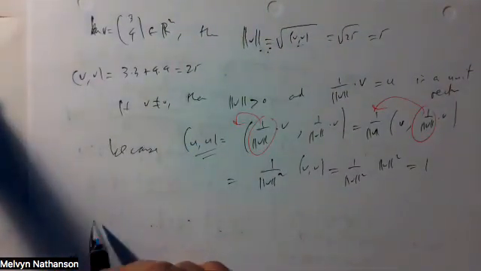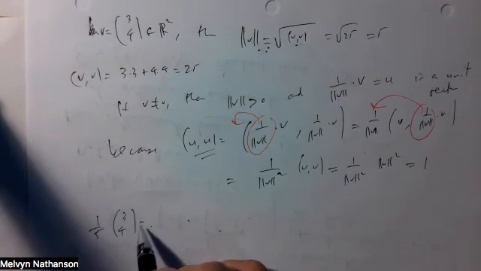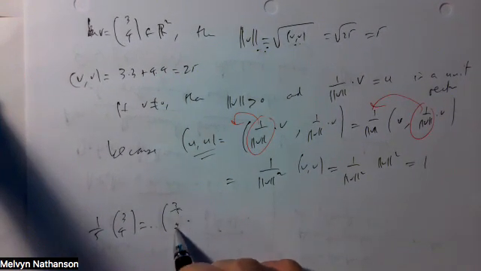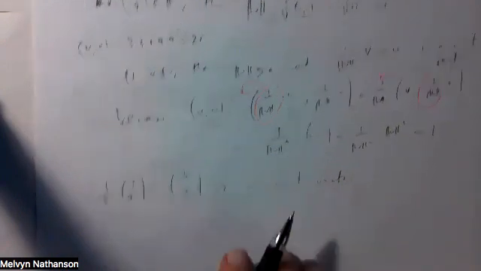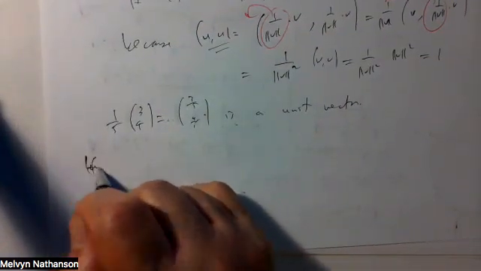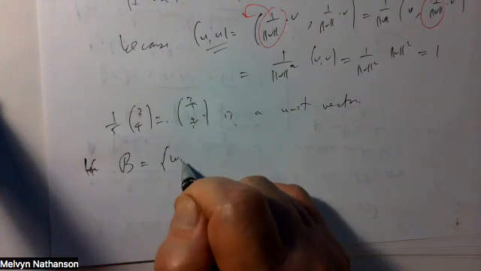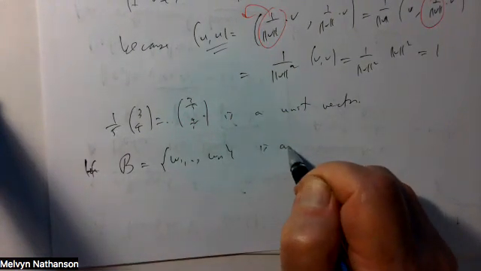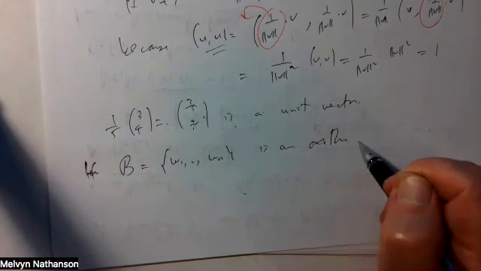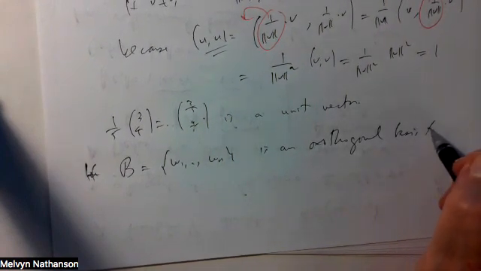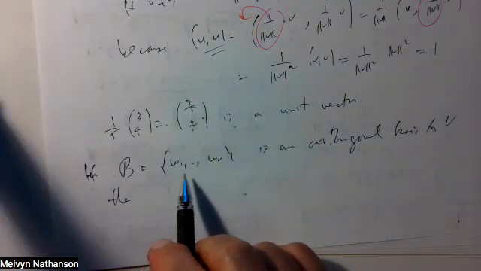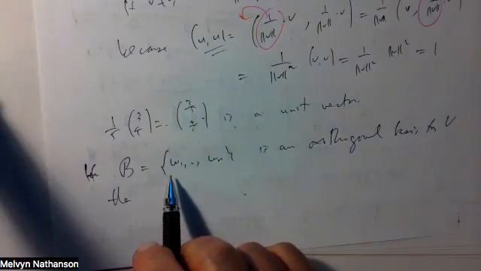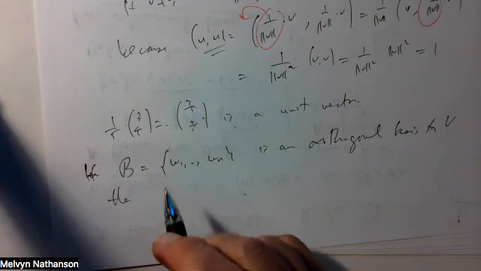So for example, the vector 3, 4 has length 5, so 1/5 times the vector 3, 4, which is the vector 3/5, 4/5, is a unit vector. In particular, if B is an orthogonal basis for a vector space V, then these are linearly independent, so they're non-zero.